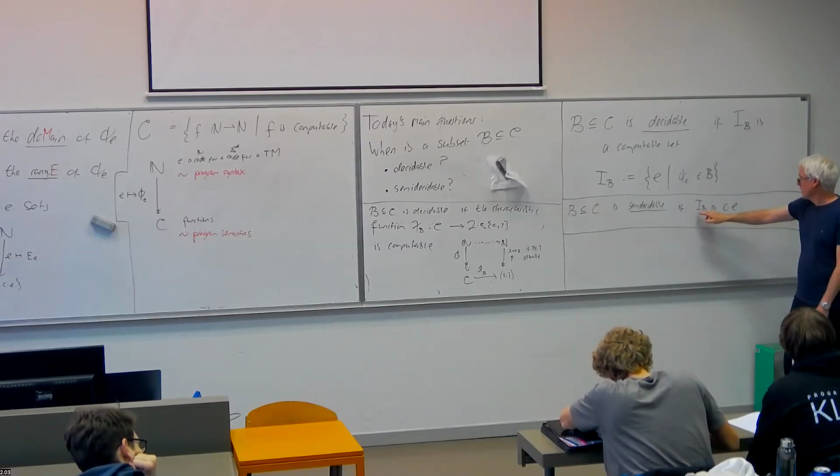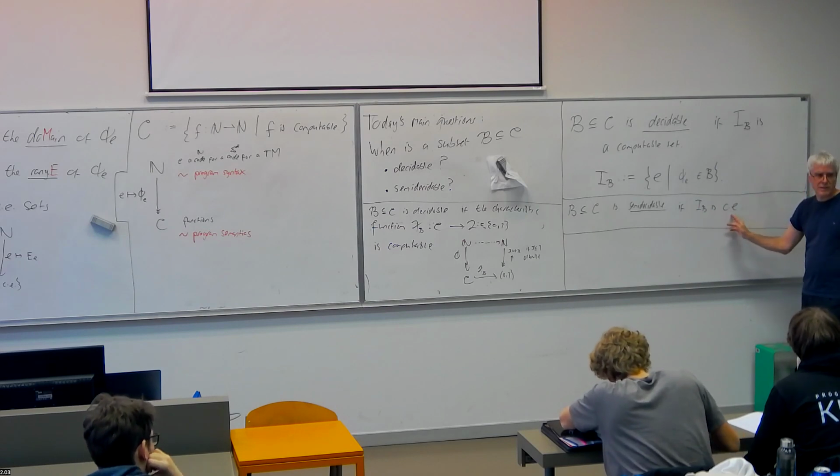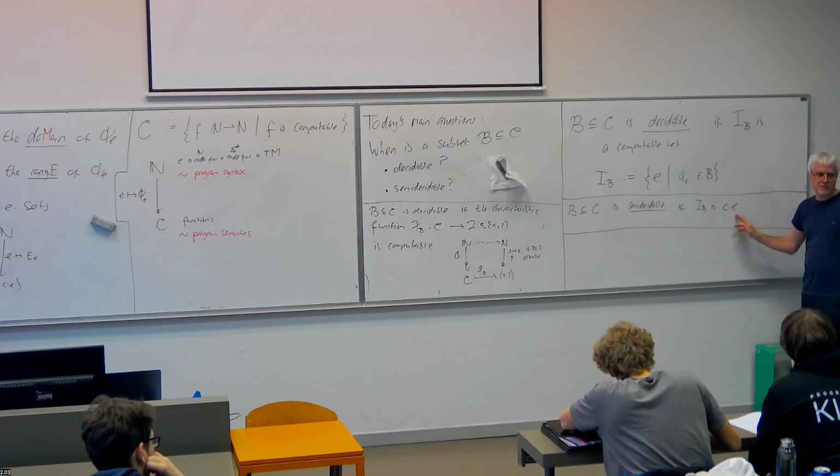If we have a semi-decision procedure, that's the same as saying, from last week, that the set is computably enumerable. This is saying we have a semi-decision procedure that works on indices. Okay?